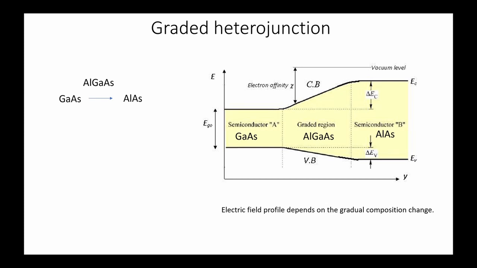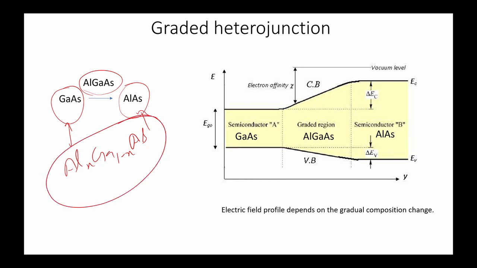Let us say there is a semiconductor material, gallium arsenide, and another one is aluminum arsenide. As we know, gallium arsenide has a lower band gap and aluminum arsenide has a higher band gap. In between them there is aluminium gallium arsenide, aluminium X, gallium 1 minus X, arsenide. So the band gap of this aluminium gallium arsenide will lie in between these two.